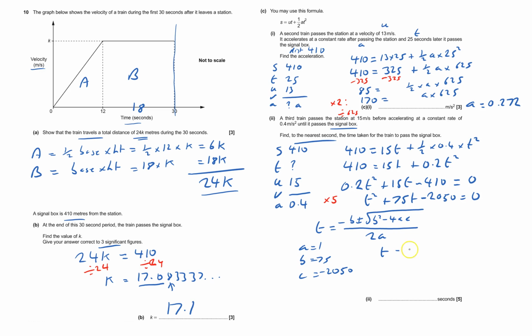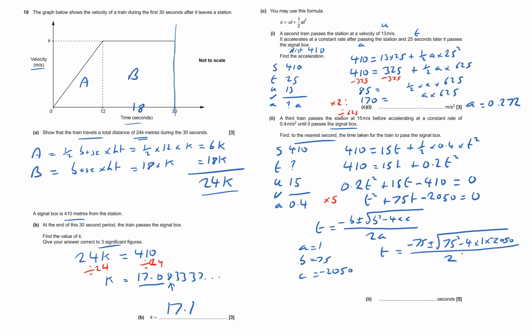And so that will give me t equals minus b, so that'll be minus 75, plus or minus the square root of b squared, which is 75 squared, minus 4 times a, which is 1, times c, and that's negative, so it's not the minus button, it's a negative button, 2050, and that's all over 2a, so it's 2 times 1, so that's 2.